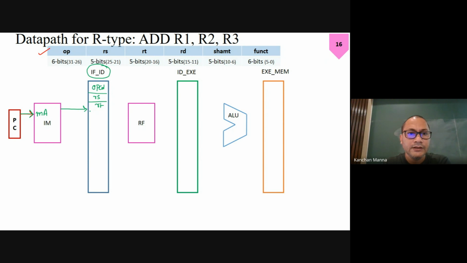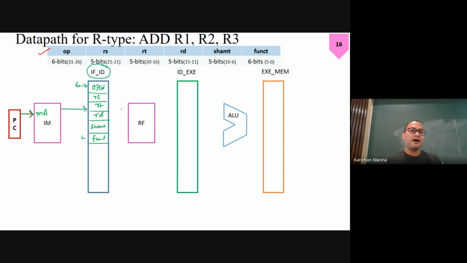RT and then RD, and also all these, the shift amount and then the function field. So these are the registers. Here the size of the register, how many bits? 6-bit, right? Here also 6-bit. Got it? So all the fields are here.